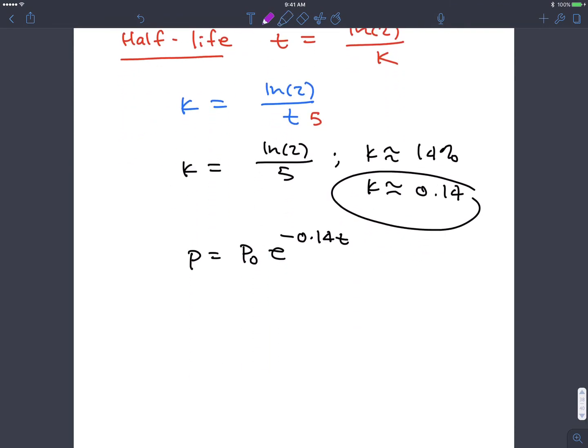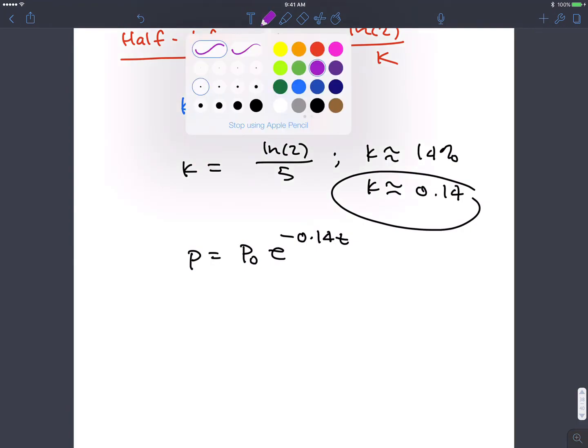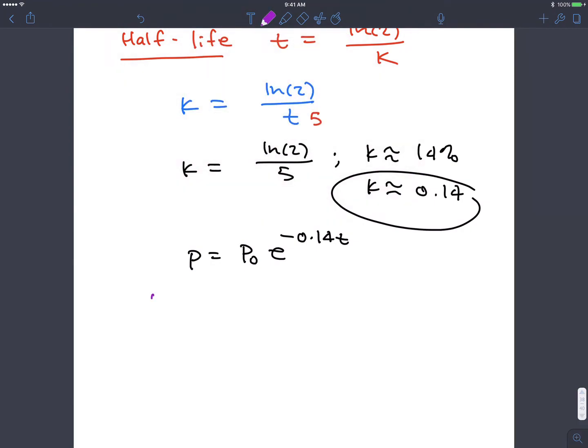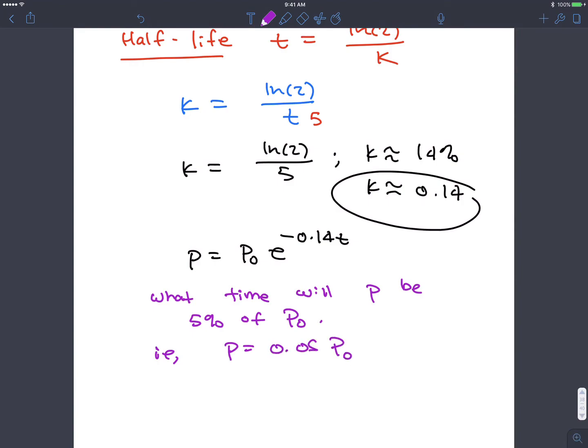So what they're really asking us for is the following. For what t, what time value, will P be 5% of the initial amount? In other words, P will be 0.05 P naught.